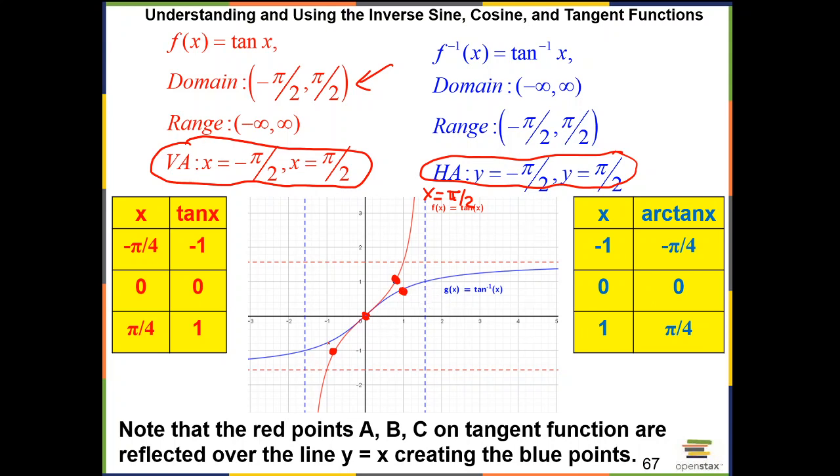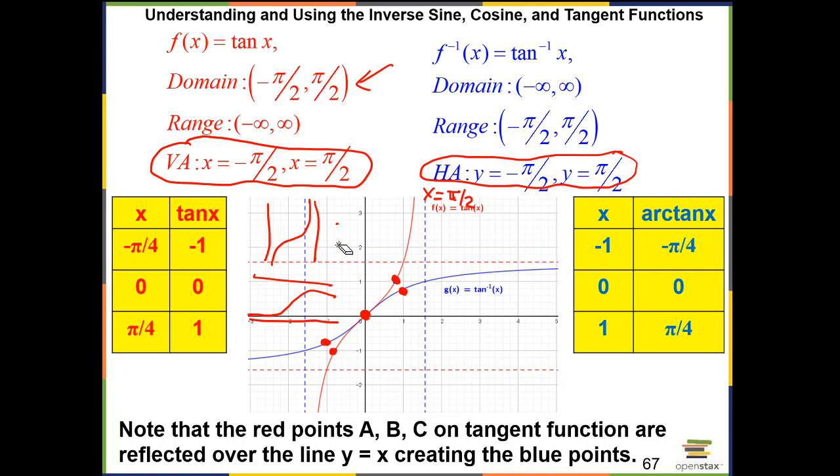I'll put them here, and there, and one of them stays the same. So that would be the graph of arctangent or tangent inverse, the blue one, right? So basically what we have is the graph of tangent that looks like this, and the graph of its inverse, which is going to look like that.